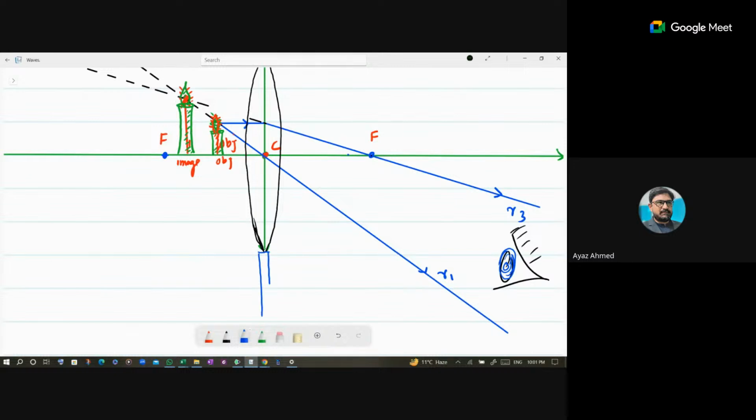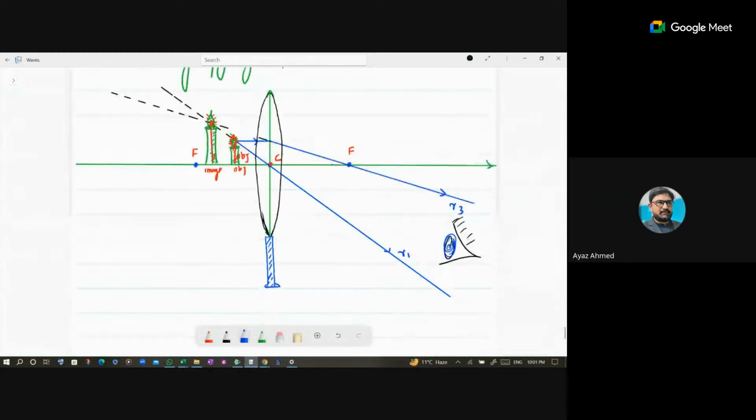Actually, you did nothing. You just put your magnifying lens over here. This is the handle of that magnifying lens. By this magnifying lens, you are seeing your image over here. So is this clear to all of you? I mean, both of you? Okay.